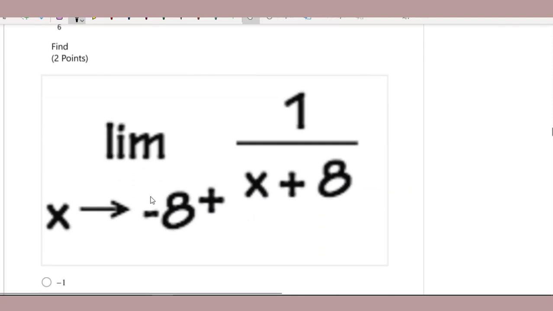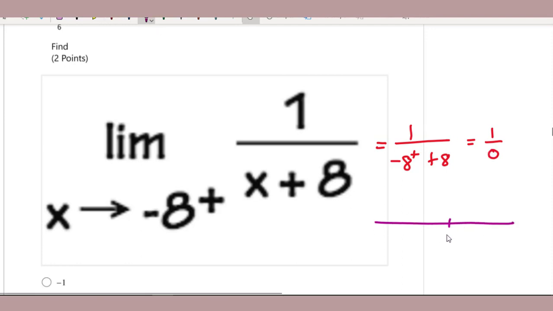Number 6, find the limit of this function as x approaches negative 8 from the right. First step, substitute: 1 over negative 8 plus 8 gives 1 over 0. Let's check. This is negative 8, negative 7, 0 here, negative 9.